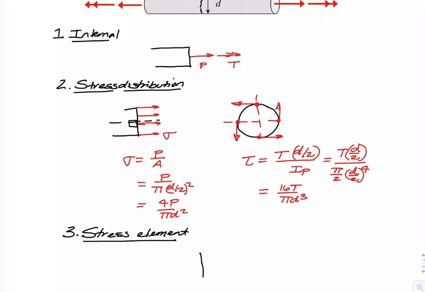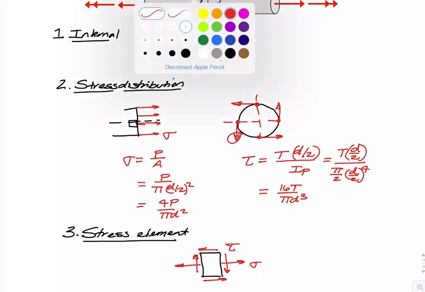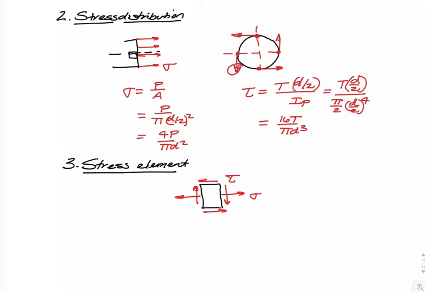That element will have a normal stress of sigma, and a shear stress down, because that's really this point right there. As I fill out the other three parts, this is what I get. With this, we're in a position to work with our stress transformations.